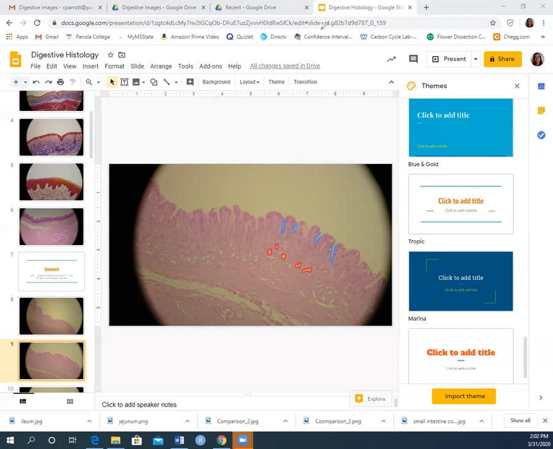On our review sheet, it says we'll also have to identify mucosal epithelium for the stomach. So let me go to another slide where it's zoomed in even more.